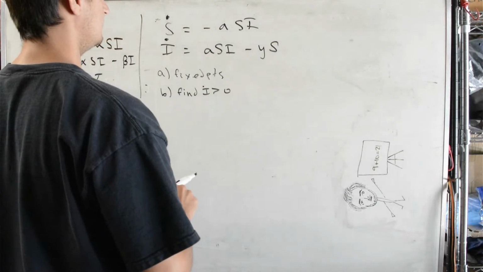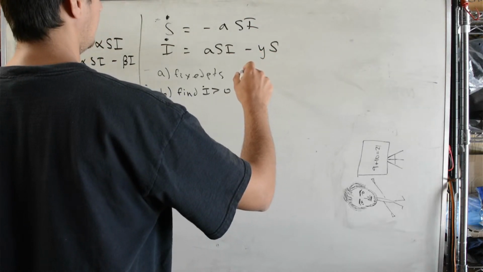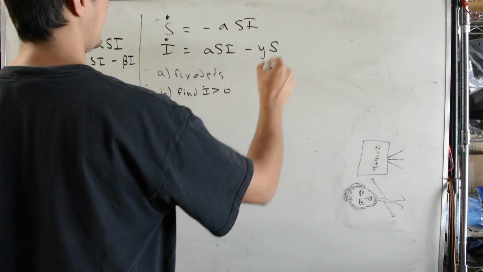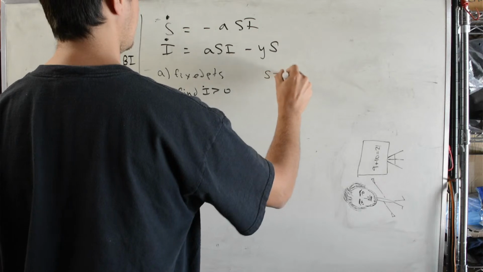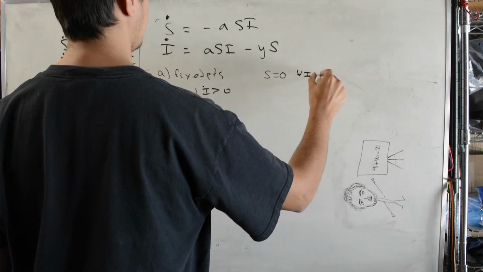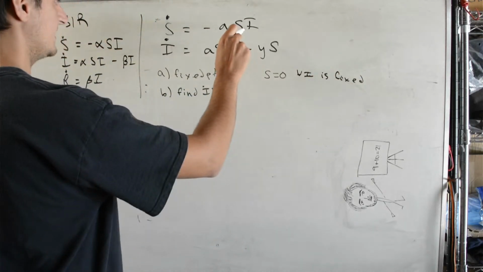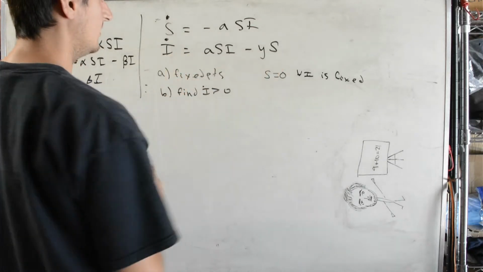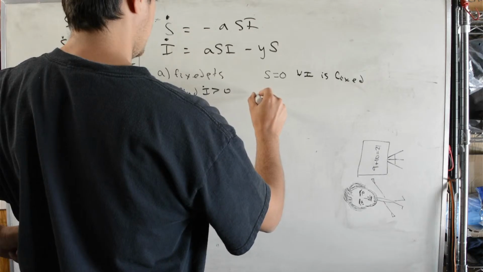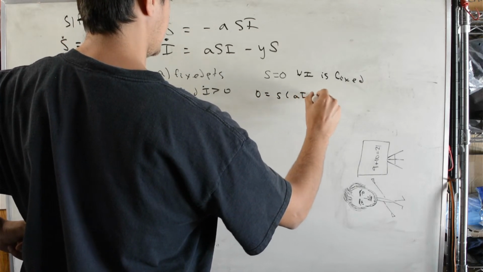So, okay, so clearly, if S is 0, so S equal to 0 for all I is fixed. Because if we have a 0 here, then this changes to 0. If we have a 0 here, this is 0. But now, if we get so 0 is equal to S times AI minus Y.